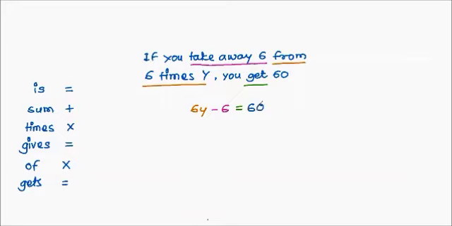Now if you see here, in a word problem, if you go in a sequence word by word, it is very easy to form an expression. Let's do one more example so that you understand it better.